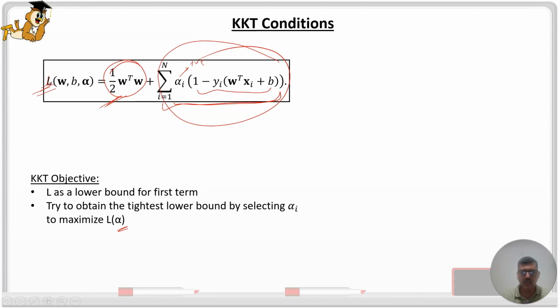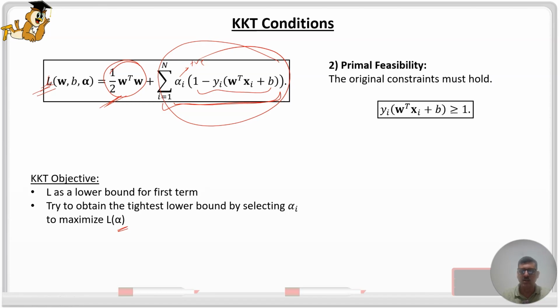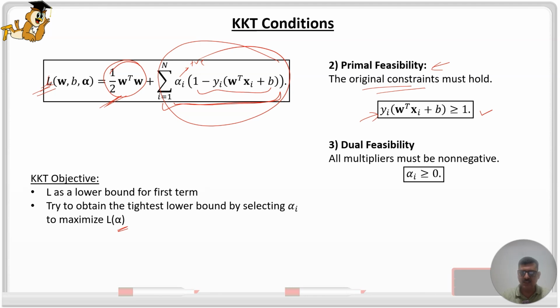There are two conditions that result from that. First is called the primal feasibility, which says that the original constraints must hold. Now these were our original constraints, they have to hold. And the second is the dual feasibility. All multipliers must be non-negative. I just told you why that is the case. Together these ensure that this quantity is negative, and therefore L is a lower bound on what we wanted to minimize, right?